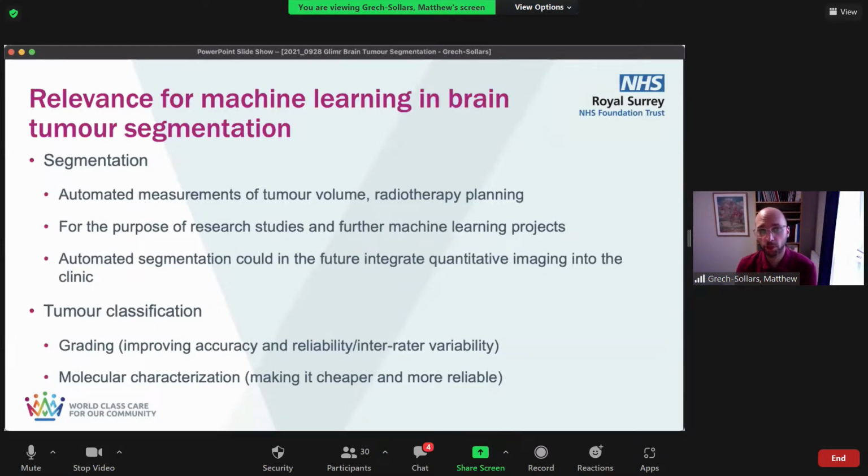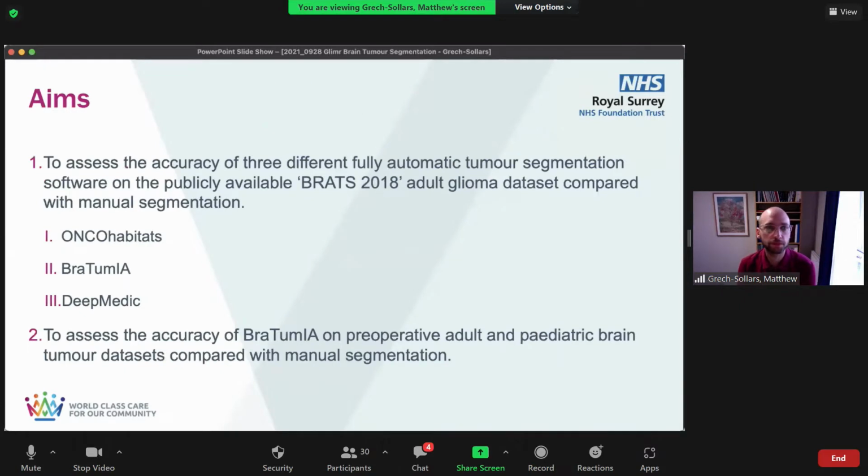And eventually, I do hope that with automated segmentation, we can start to integrate quantitative imaging into the clinic, because then we can start automatically reporting quantitative values within tumor regions, etc. That's with the idea that we can then improve grading and molecular characterization. So it's seeing a clinical relevance for this.